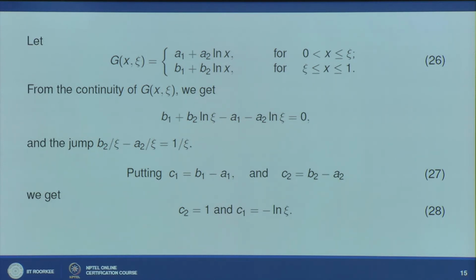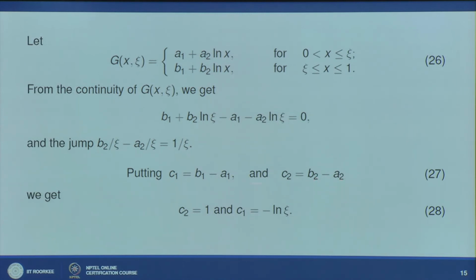Now the jump condition, if you look at the derivative of this, that is b2 by xi minus a2 by xi is going to be 1 over xi. Here p(xi) is nothing but xi here. Now using Bi minus Ai as Ci, I can write C1 equal to B1 minus A1 and C2 equal to B2 minus A2.